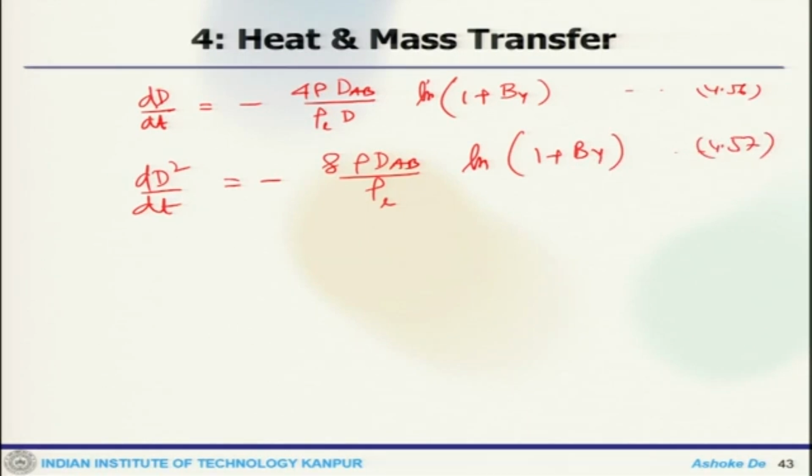So, this one will tell us the time derivative of the square of the droplet diameter. This is a commonly used term, and what it tells us is that the derivative of the square of the droplet diameter is constant.